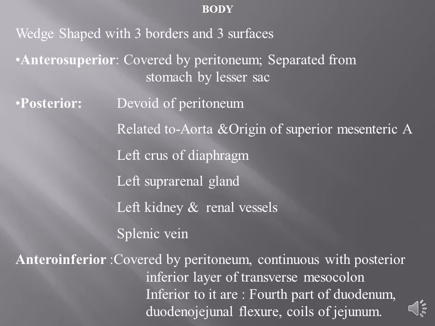Antero-superior surface is covered by the peritoneum. Basically it is separated from the stomach by the lesser sac. Then the posterior surface: we already know that it is a retroperitoneal organ lying on the posterior abdominal wall. So the posterior surface is devoid of peritoneum and it is related to the aorta, left crus of diaphragm, left suprarenal gland and left kidney, and very importantly to the splenic vein, which, as we have seen in our previous diagram, joins the superior mesenteric vein to form the portal vein.